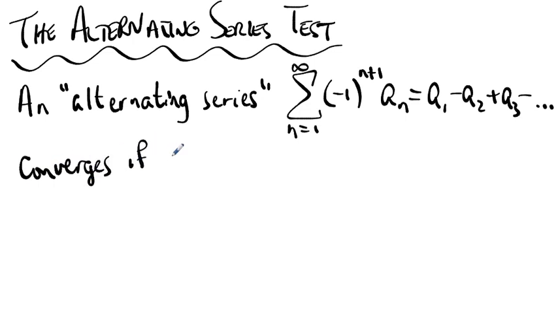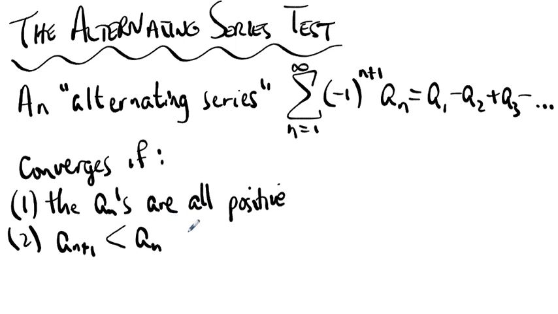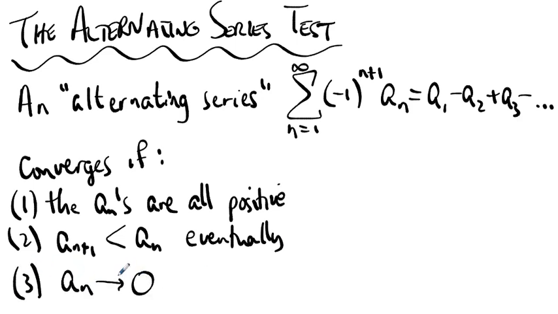converges if all of the following are satisfied. The a sub n's are all positive. A sub n plus 1 is less than a sub n eventually. And the a sub n's go to 0.